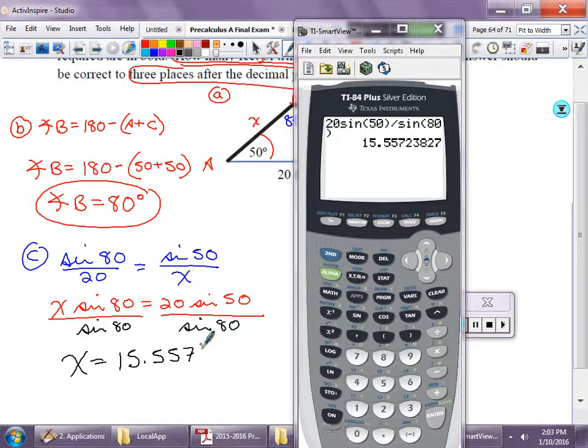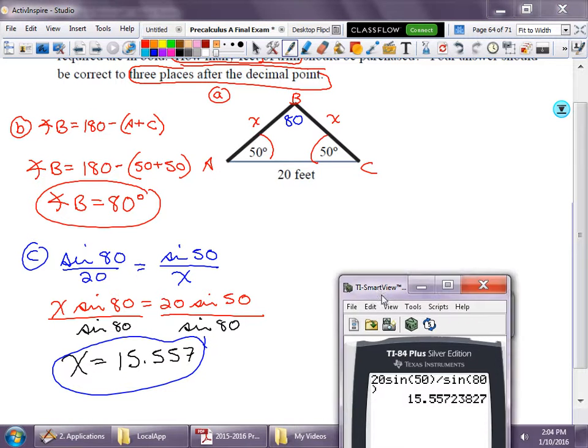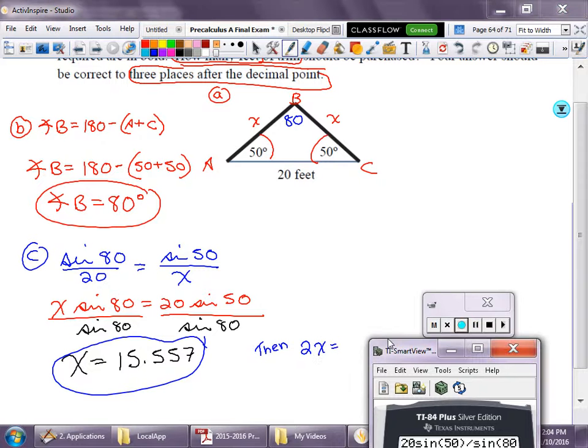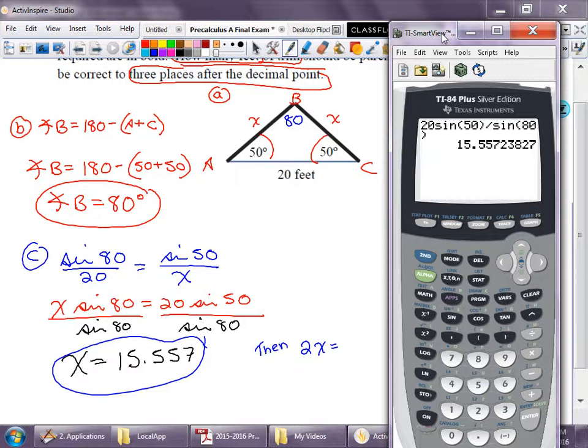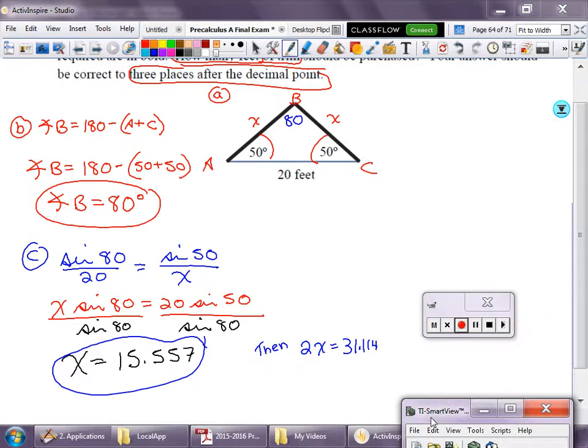Okay, and again remember our plan, we're adding two of the same values, so 2x equals, what I like about this, you just take that answer, it locks it in, and the calculator automatically takes that last preserved answer and says times 2. 2x is equal to 31.114 feet of trim. And this is your answer.